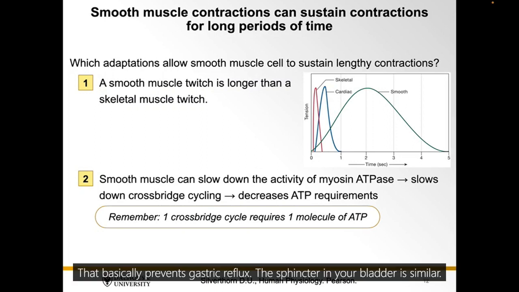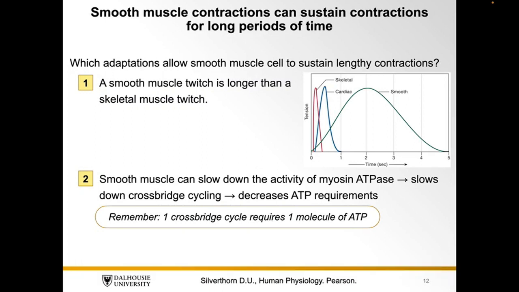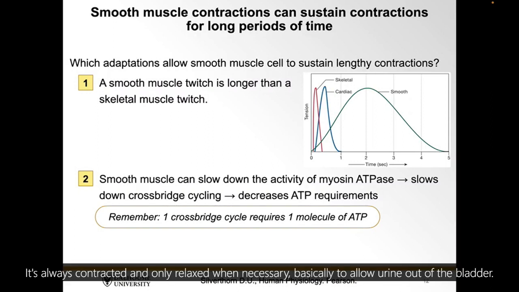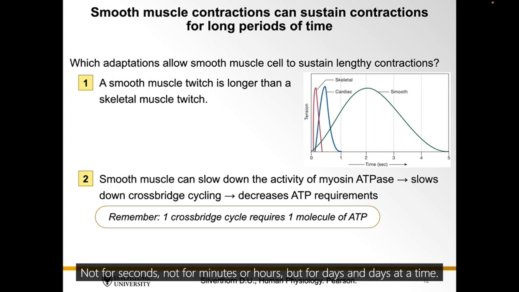That basically prevents gastric reflux. The sphincter in your bladder is similar. It's always contracted and only relaxed when necessary, basically to allow urine out of the bladder. So now we're talking about smooth muscle cells that sustain the contractions not for seconds, not for minutes or hours, but for days and days at a time.